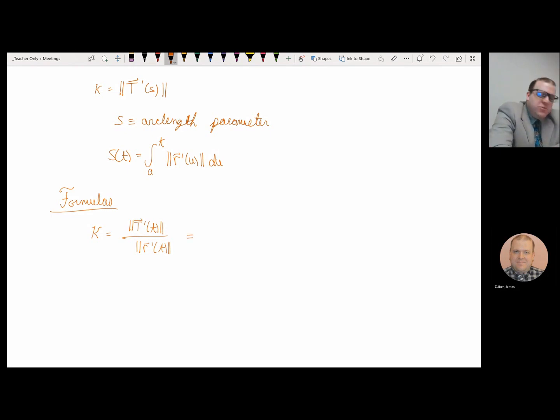With some more simplification, we can show that it's the magnitude of r prime cross r double prime divided by the magnitude of r prime cubed.